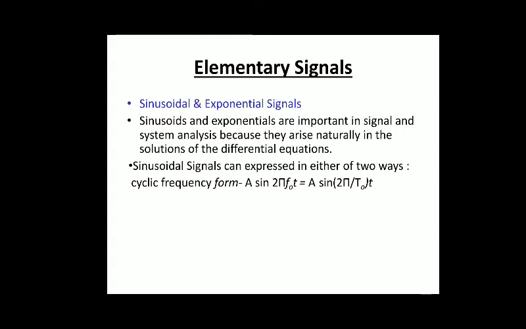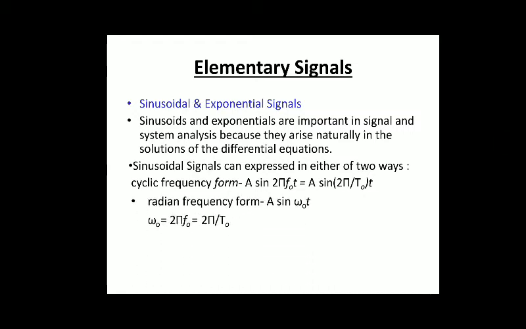A sinusoid, as we know, is like A sin omega t, where omega is 2 pi f t. So sinusoidal signals can be expressed as A sin 2 pi f0 t, where f0 is represented by 1 by t0. So the equation is A sin 2 pi by t0 into small t.